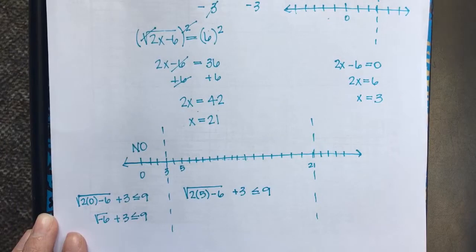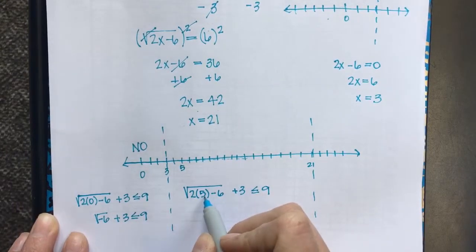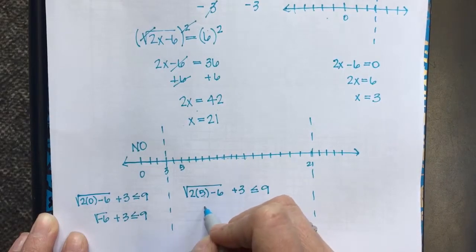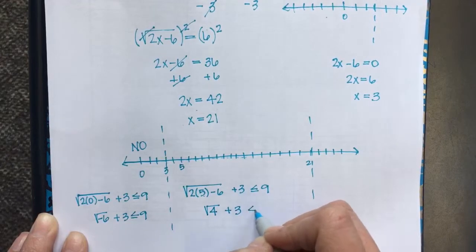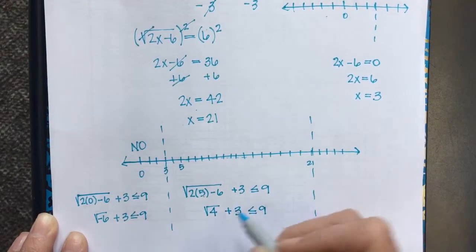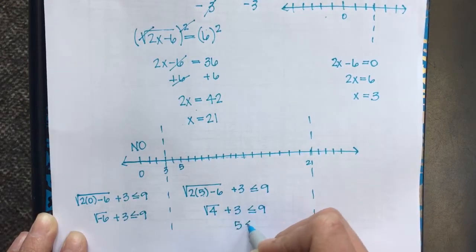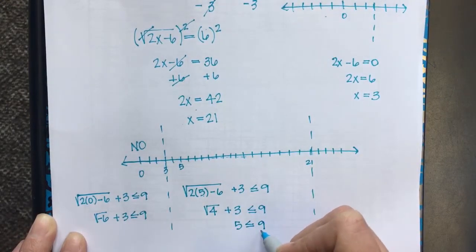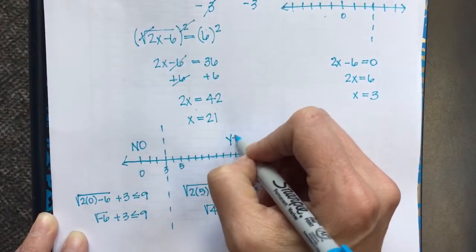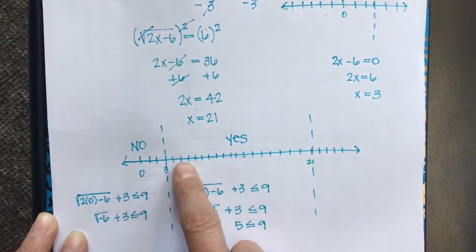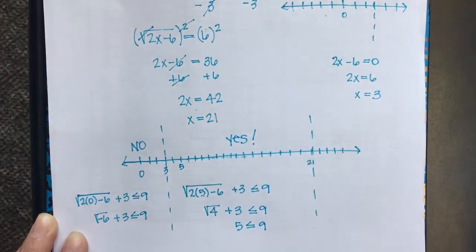You can use decimals, you have a calculator, but I'm trying to be strategic. 2 times 5 is 10, minus 6 is 4. So I have the square root of 4 plus 3 is less than or equal to 9. Square root of 4 is 2, plus 3 is 5, less than or equal to 9. That's true. 5 is less than 9. Yes. So because one number in that group worked, now everything between my two boundary lines right there will be solutions.